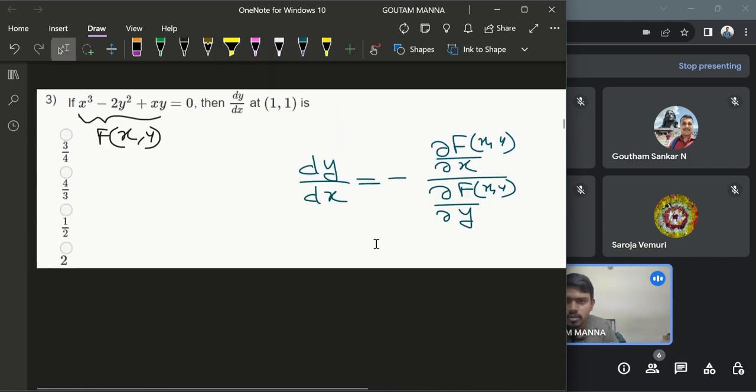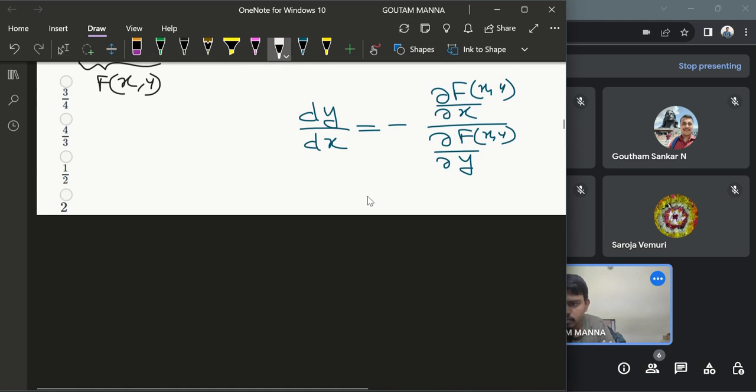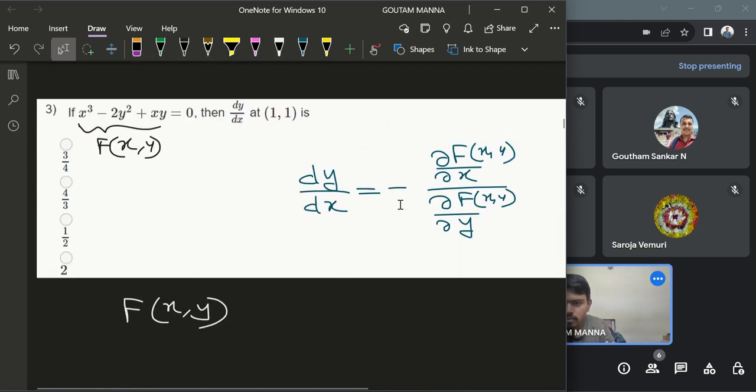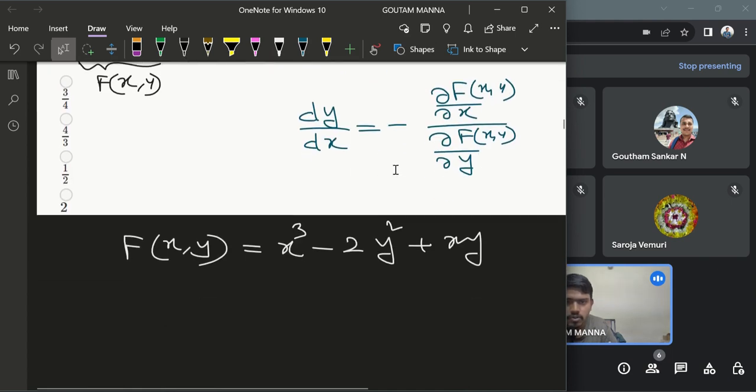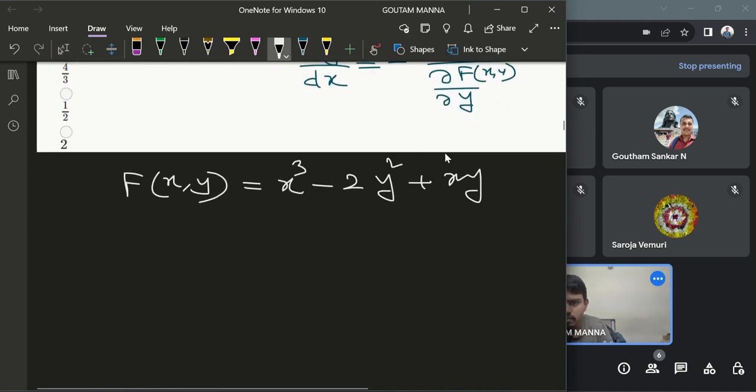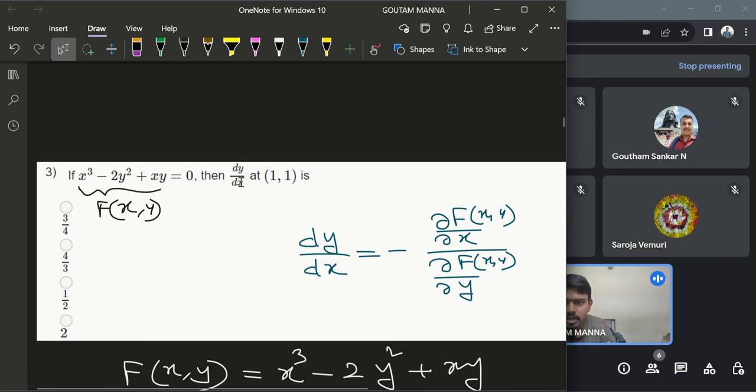Okay, so here our f of xy is x cube minus 2y square plus xy. First we need to calculate del f del y, and we are asked to find out dy dx at point 1 1.